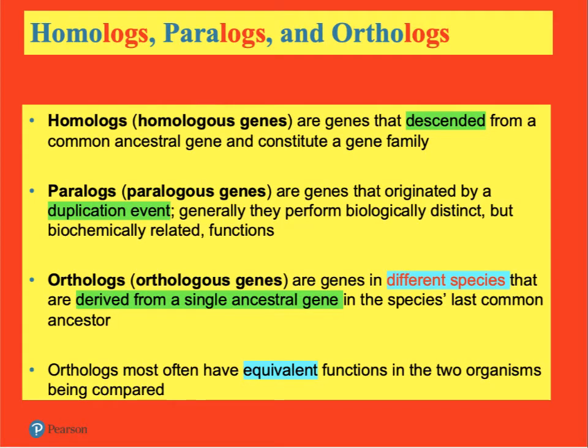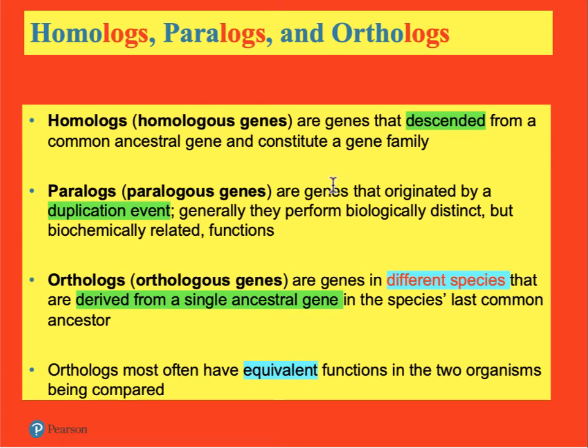This slide just reiterates some of the terminology that's very important when one starts comparing across evolutionary timelines the relationship amongst genes. Homologs or homologous genes are genes that descended from a common ancestor, and they constitute a gene family.